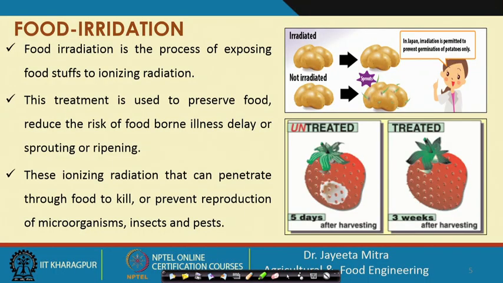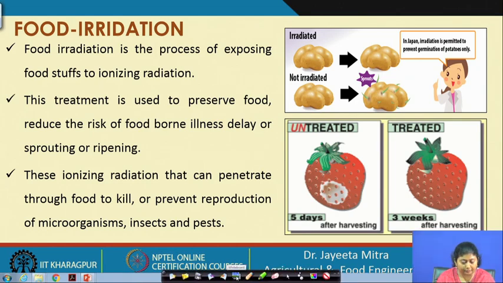So, the obvious question may be that this free radical will not damage the food itself, the constituents of food itself. So, the intensity of this radiation, that means how much a food can be irradiated, is fixed. It has been designed, or quantified, in such a way that the microbes will be affected, but the food will not be destroyed or degraded, right. Therefore, the mentioned limit of this irradiation we have to obey clearly.